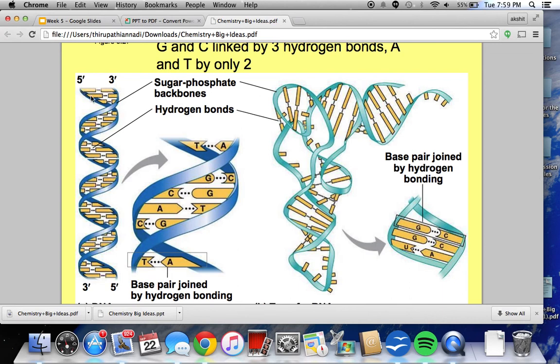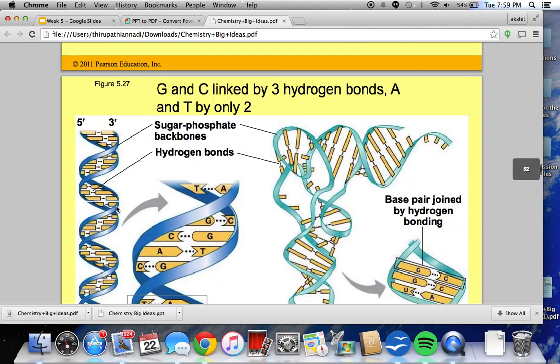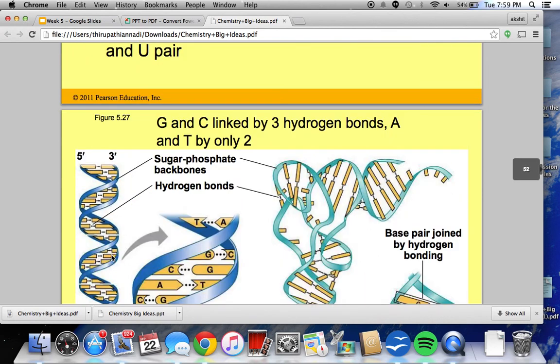The blue here is the sugar and the phosphate, and those yellows are the nitrogenous bases. You can see how the A and T's fit together and the C and G's fit together to make the pairs. As you can see, there's a 5 prime and 3 prime here. That just means the direction that they're running. One runs from 5 to 3, and one runs from 3 to 5 down here.